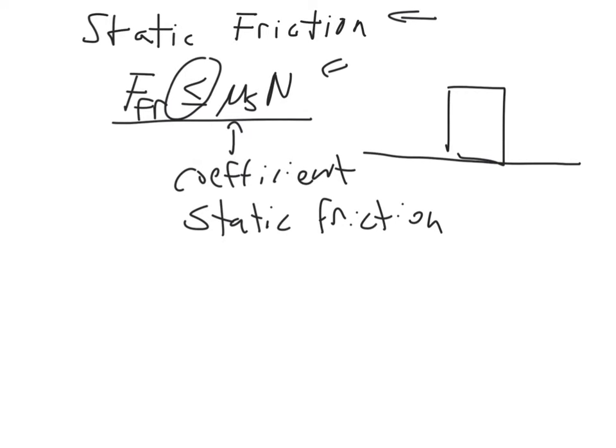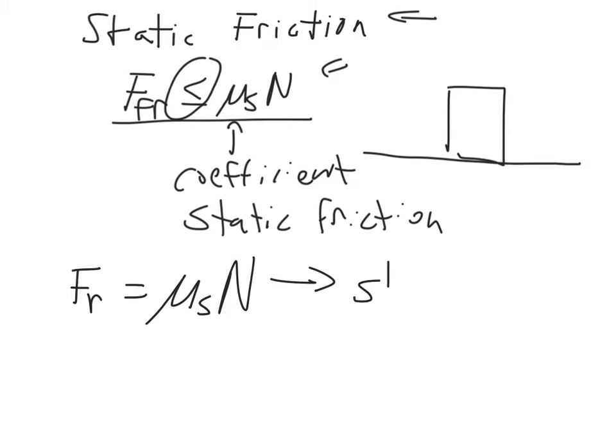I like to think of static friction as the lazier of the friction forces. It does the least amount of work possible. When we get to a point where our force of friction is equal to mu sub s times the normal force, that is our slipping point, the point when static friction stops taking effect and kinetic friction takes over.